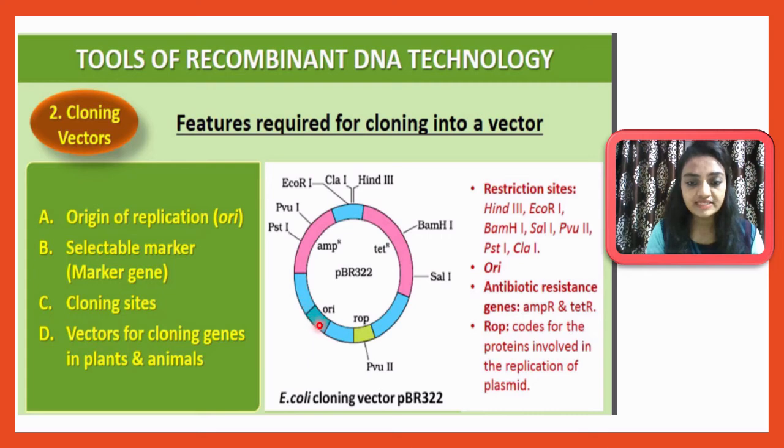Here you can see the origin of replication, which plays a very important role during the multiplication of any plasmid. Restriction sites are also there. Here you can see the enzymes, with their nomenclature: SalI, BamHI, HindIII. This is the site where the recognition sites for such specific enzymes are present, that's why they are indicated here.